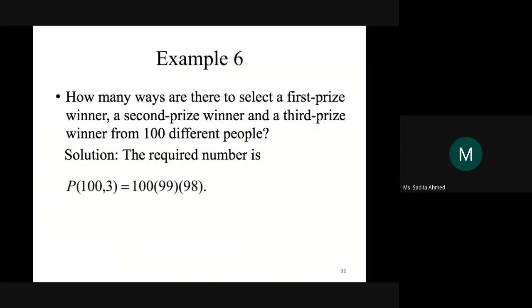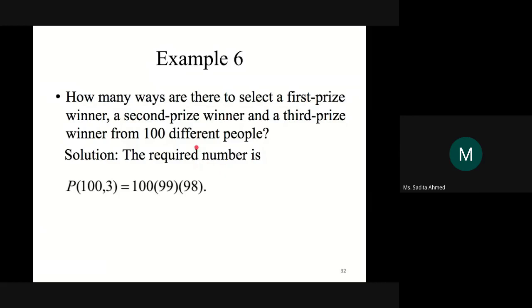Okay, then let's apply the idea of permutation here. The solution will look very simple and straightforward to you, I'm sure of that. But please focus on the method of identifying that we have to solve this problem by applying permutation. Because in the exam, obviously, you're not going to be told that you have to apply permutation. You have to read the problem and then figure out that, okay, we have to apply permutation here.